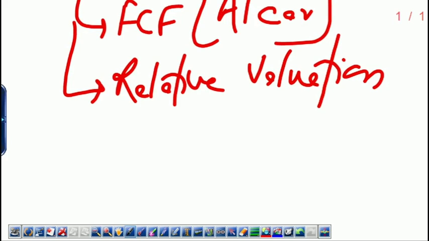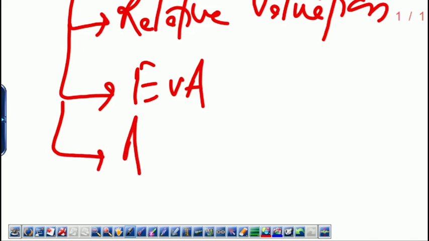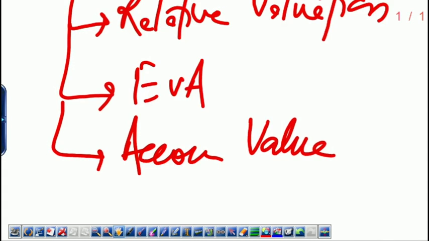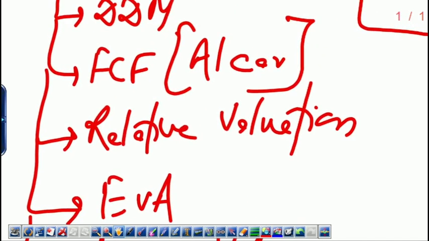The chop shop and all that comes in relative valuation. Then we have residual valuation, the EVA stuff. Then accounting valuation, the income capitalization approach and all that. So this is the fundamental part.